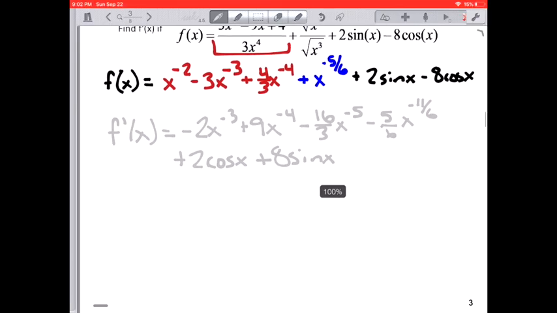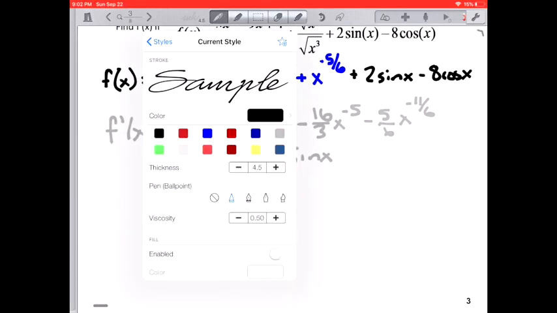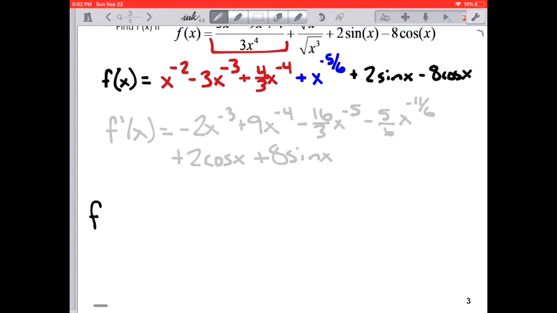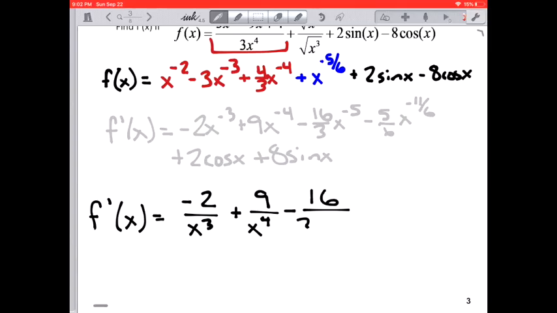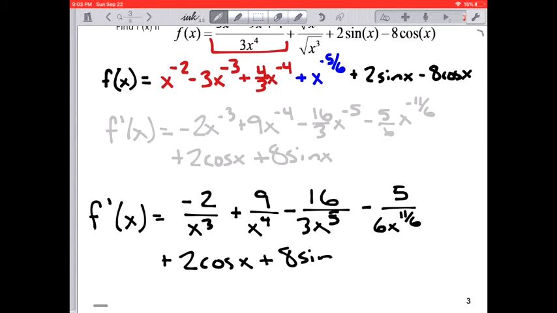I could and should rewrite it, and I shall. I get f prime of x is -2 over x cubed plus 9 over x to the 4th minus 16 over 3 times x to the 5th minus 5 over 6 times x to the 11/6 plus 2 cosine of x plus 8 sine of x.